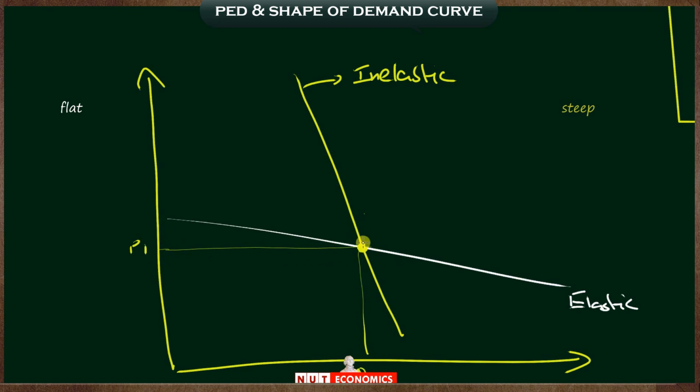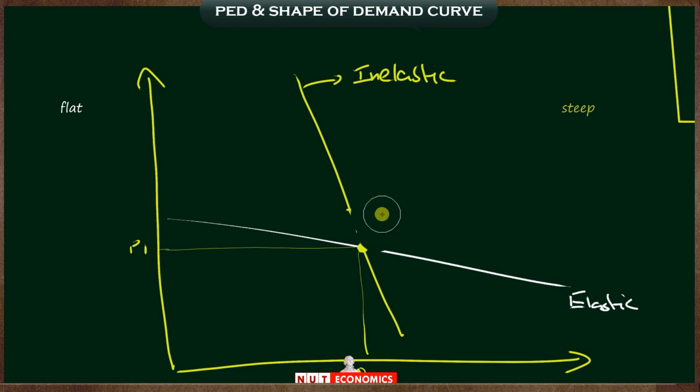Now starting from this point, if you increase the price a bit, let's say by this amount, then according to this yellow, steeper, inelastic demand curve, you will only move to the left a bit. That is, given this much increase in price, quantity demanded will fall just by this small amount. It is not responding a lot.